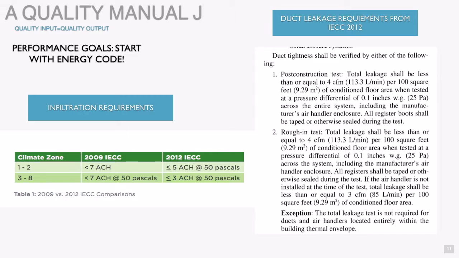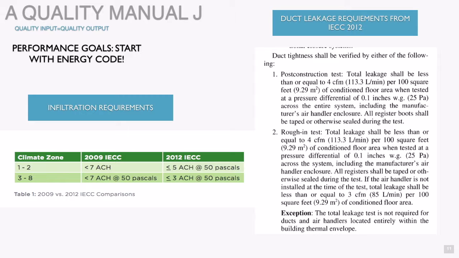You've got cooler climates having a lower ACH 50 requirement of 3. But that's the input we would generally use, unless we know that the building has a higher performance goal, for example, a passive house goal, so very tight. There is an input screen specifically for infiltration, and these are the numbers that we would use.